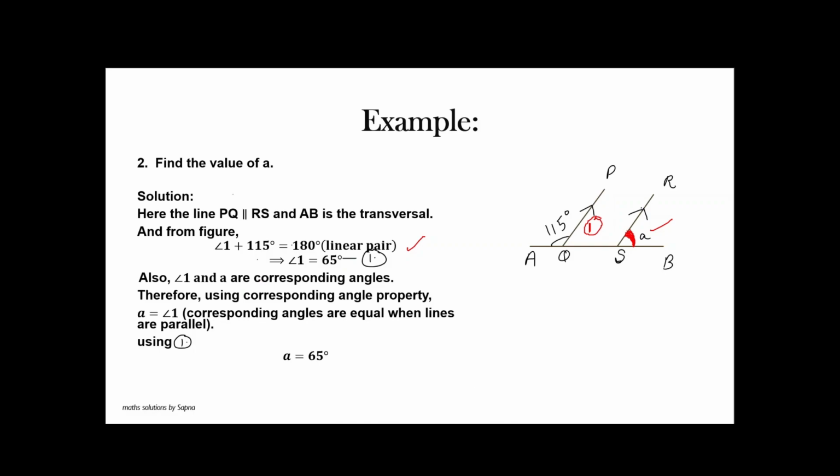Therefore, using the corresponding angle property, A is equal to angle 1, because corresponding angles are equal when the lines are parallel. Angle 1 was 65, and since A is equal to angle 1, A would also be 65. I hope it's clear to you.